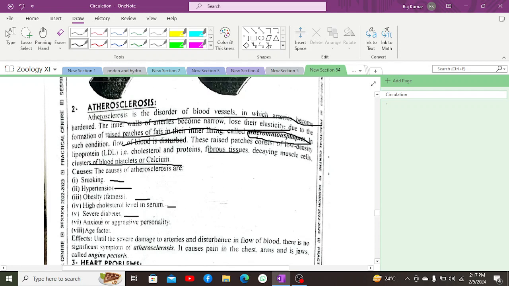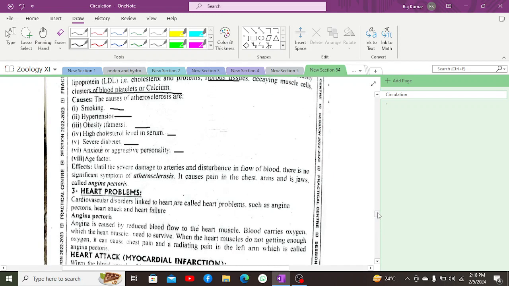There can also be personality traits, such as being anxious or aggressive, which can lead to such a condition. After that, the age factor is also considered. Until there is severe damage to arteries and disturbance in the flow of blood, there is no significant symptom of atherosclerosis. It causes pain in the chest, arms, and jaws, called angina pectoris, right?